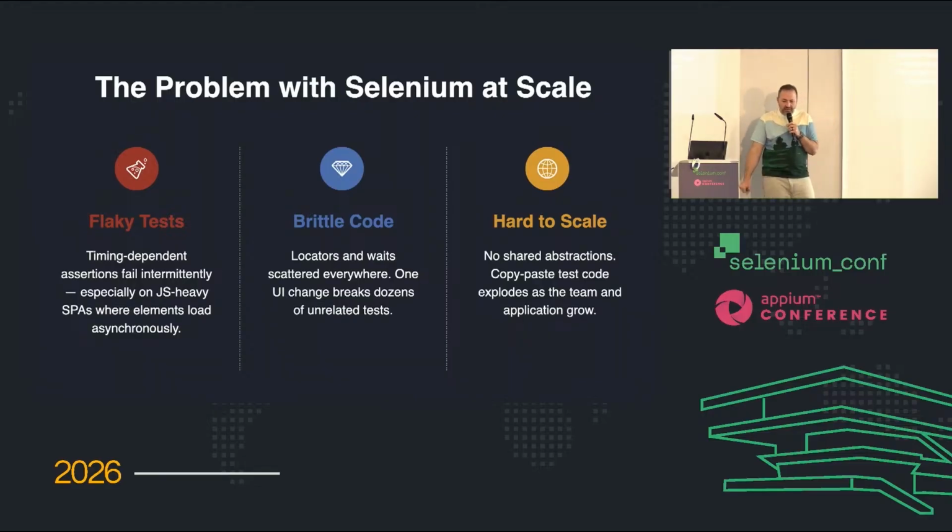And it's hard to scale, whenever we're copying and pasting pieces of code over and over and over, then we end up with a monster which is later hard to maintain.